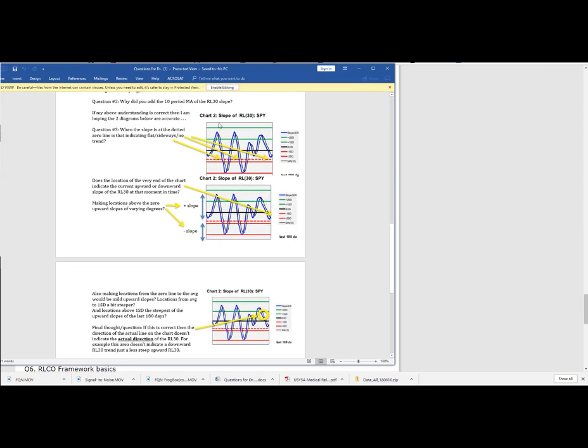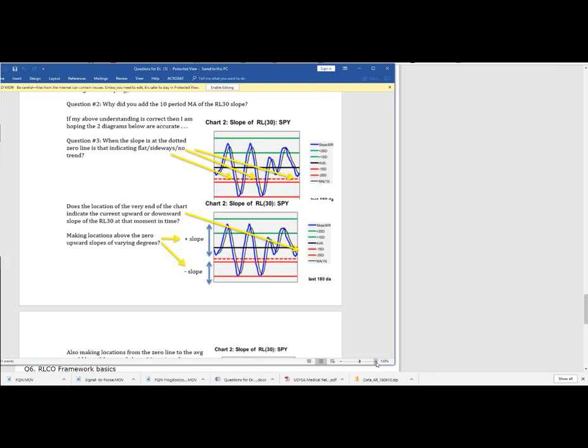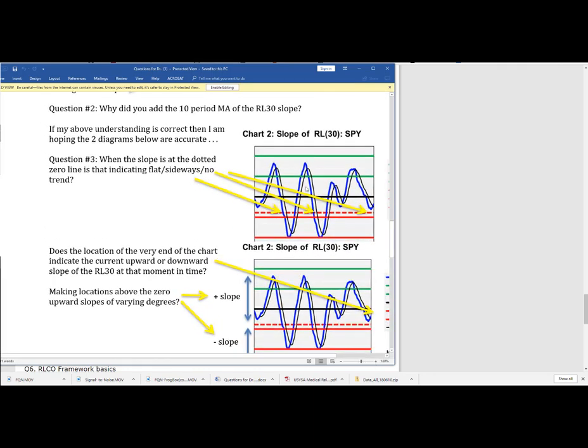And so the questions were being asked using this chart from the daily. Yeah, so this dotted red line here is the zero line.